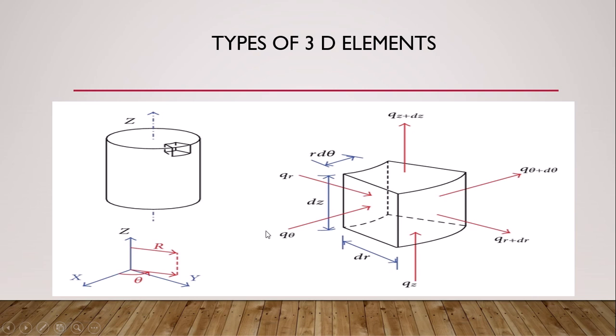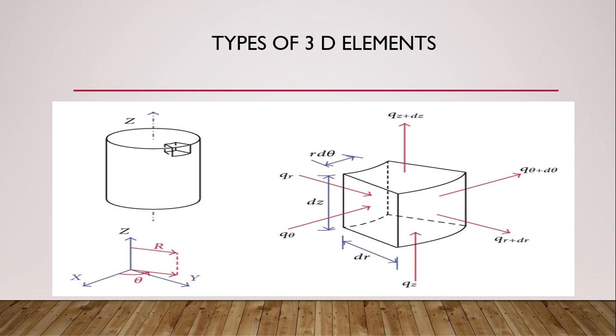Examples we can analyze are the thick cylinder, circular footing on soil mass, pile foundation, water tank, cooling tower, chimney and circular shaft. These are the number of examples which we can divide with the help of the axisymmetric element.